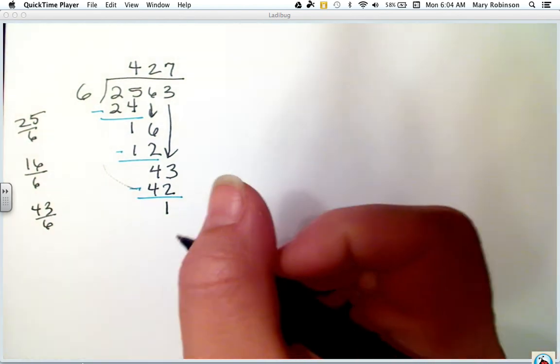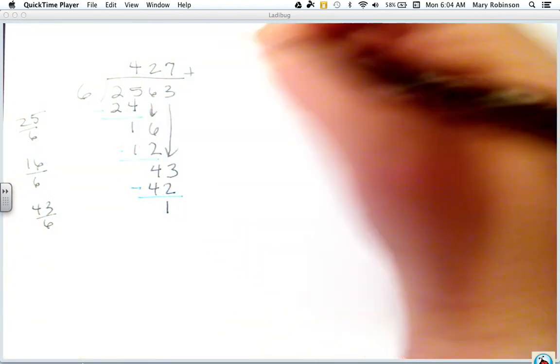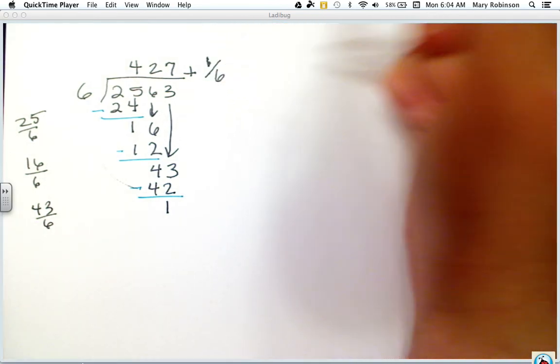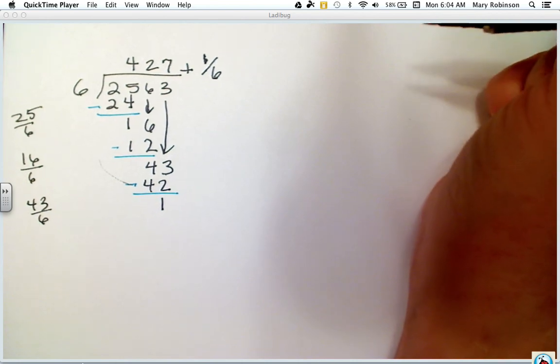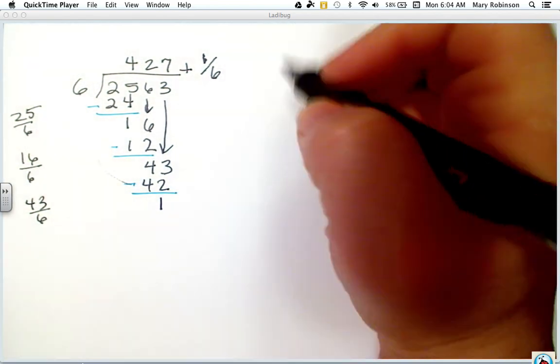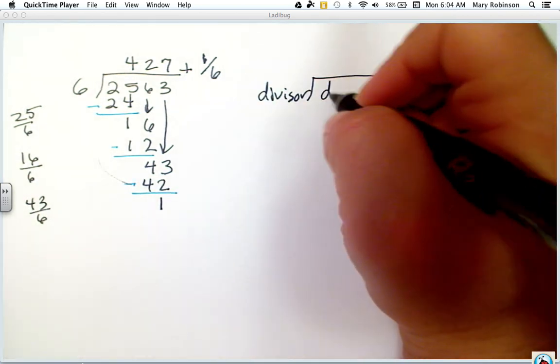So to practice understanding how to write our answer for polynomial division, we're going to put plus our remainder over our divisor. So that you'll get used to that terminology, let me do a quick review. We divide our divisor into our dividend.